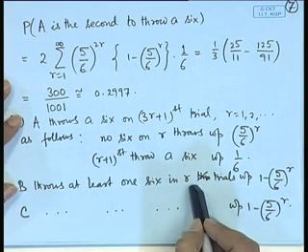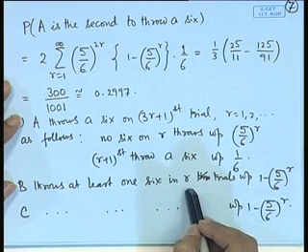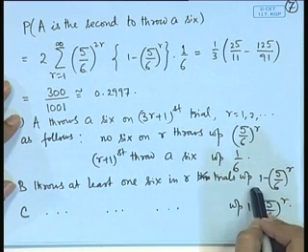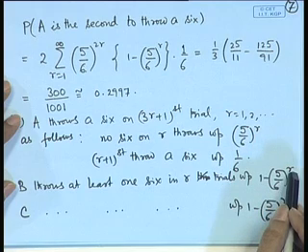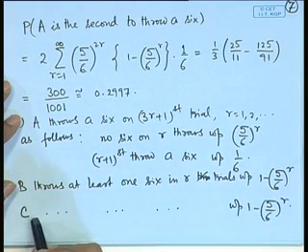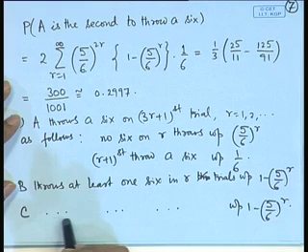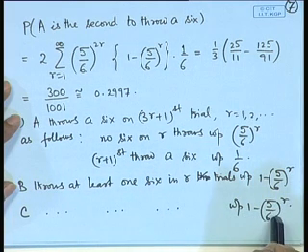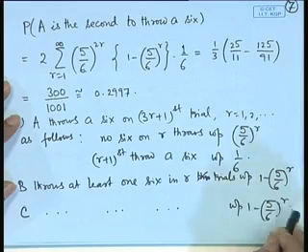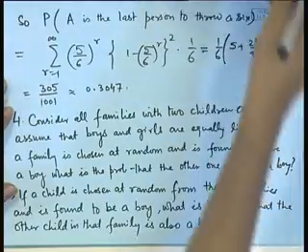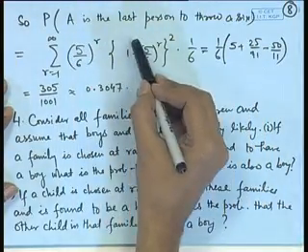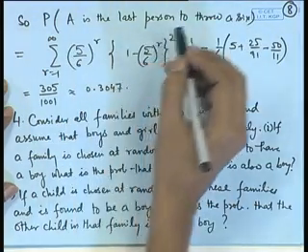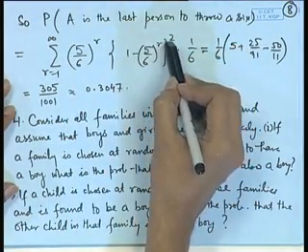So, using the argument which we gave in the first part of this problem, the probability that B throws at least 1 six in r trials will be 1 minus 5 by 6 to the power r. And in a similar way, the probability that C throws at least 1 six in r trials will be 1 minus 5 by 6 to the power r. So, if we consider the probability that A is the last person to throw a 6, that will be 1 minus 5 by 6 to the power r, 2 times.